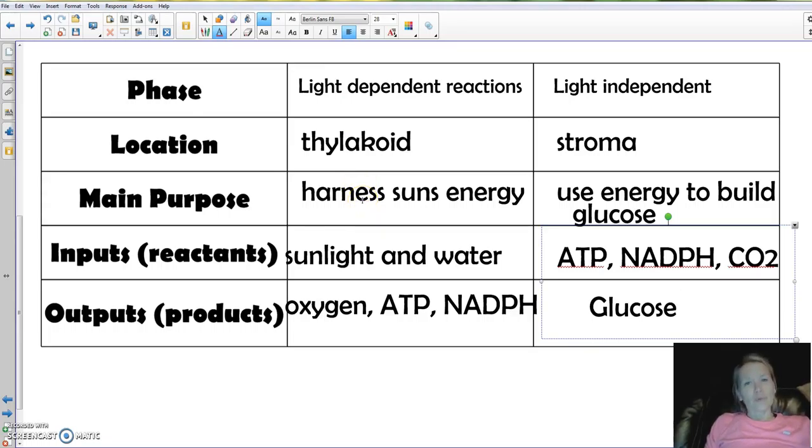Chlorophyll absorbs sunlight energy, and we turn that into oxygen, ATP, and NADPH. Now we go into the stroma for the Calvin cycle, and there we use those energy molecules to build glucose. So we take ATP, NADPH, and carbon dioxide, and we make glucose.